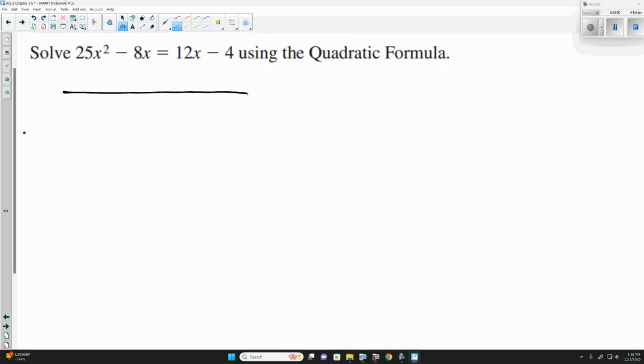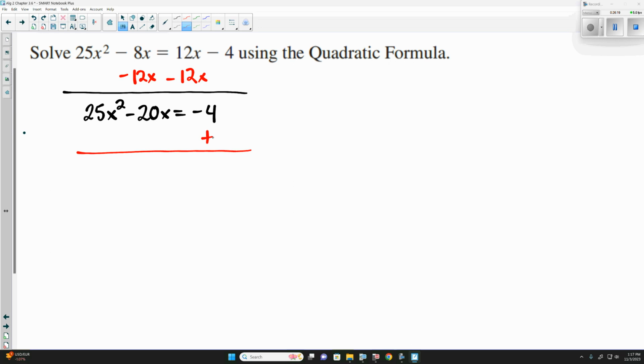So just like with the last one, if we can keep A positive, it makes things a little bit nicer. So here, we have 25x squared minus 8x equals 12x minus 4. The first thing I can do is subtract 12x, which tells us 25x squared minus 20x is equal to negative 4.